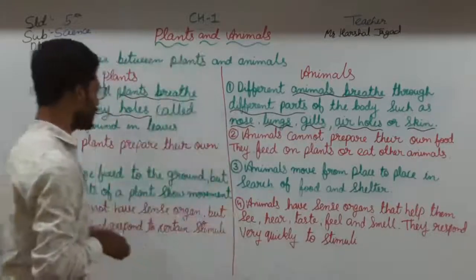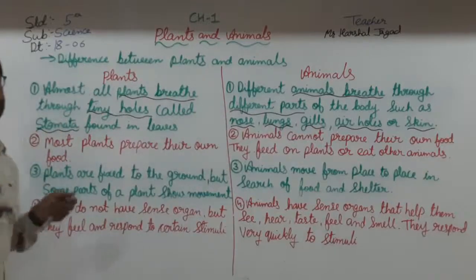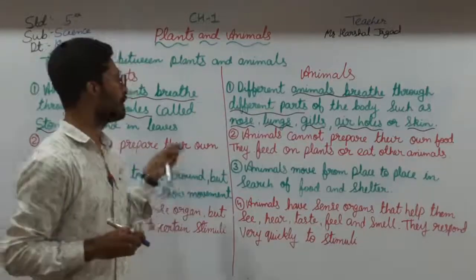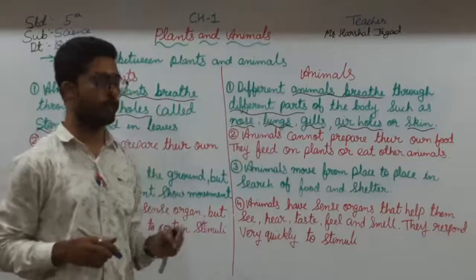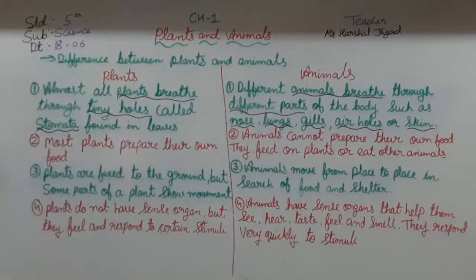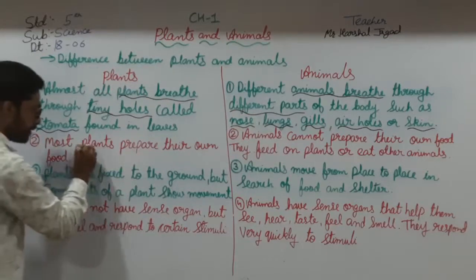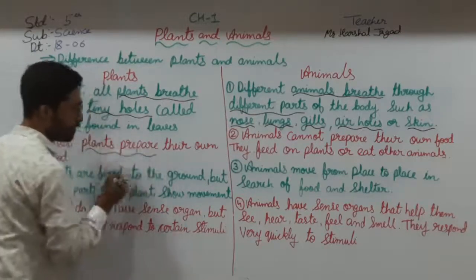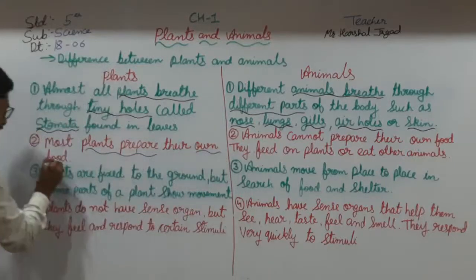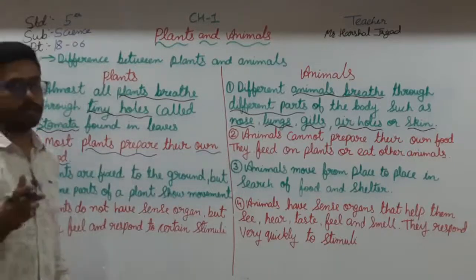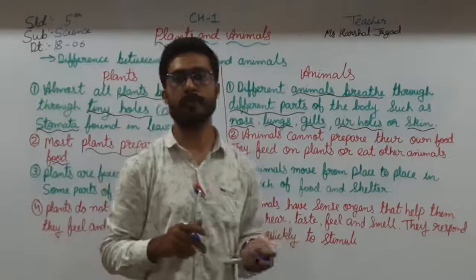Then, how do the plants prepare food and how do the animals prepare food? Okay, so here plants prepare their own food, means they do not have to go to another place for the food.